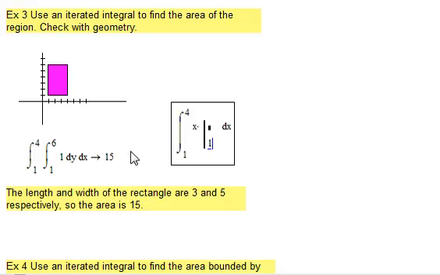So 1 to 6. And of course, that would just give us 5. 6 minus 1. So what we really then want to integrate is just 5 dx, and of course that would be 5x.